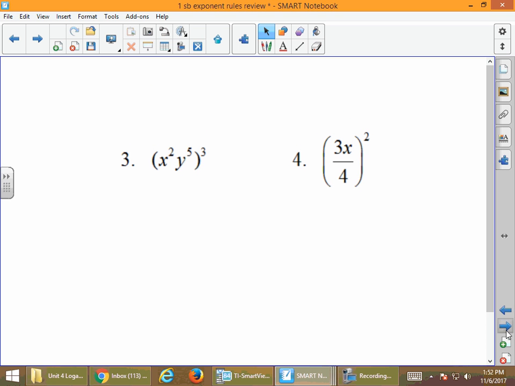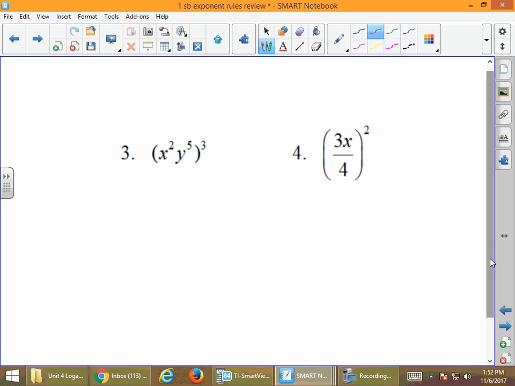Number 3, x squared times y to the 5th, all cubed. What's inside the parentheses gets raised to what's outside the parentheses. So in this particular case, what we're going to do is take x squared and cube it. We're going to take y to the 5th, and then cube it.